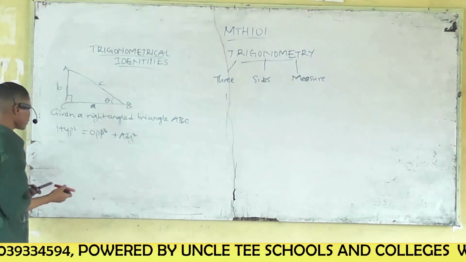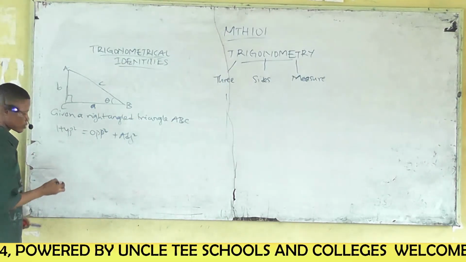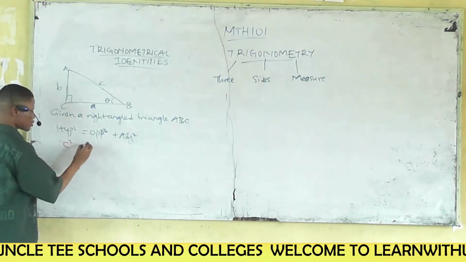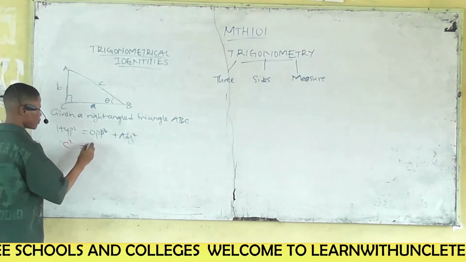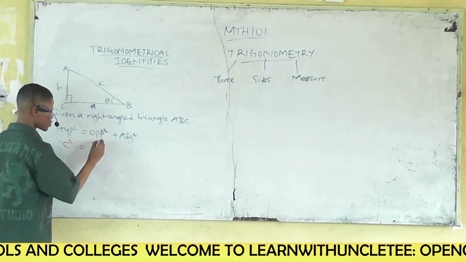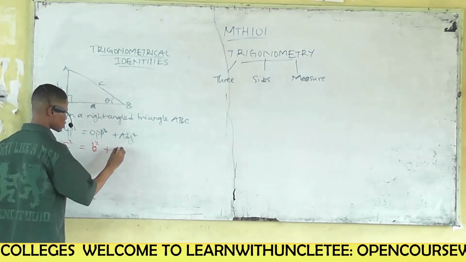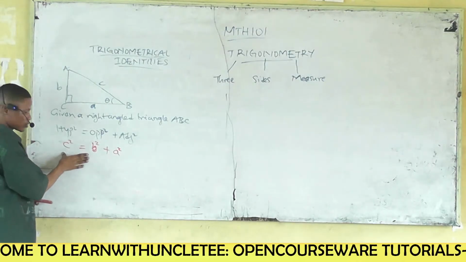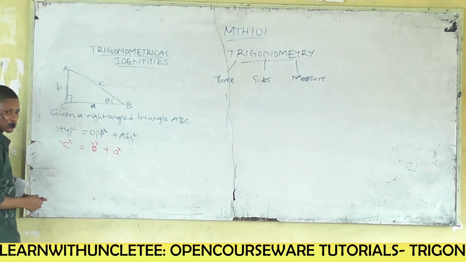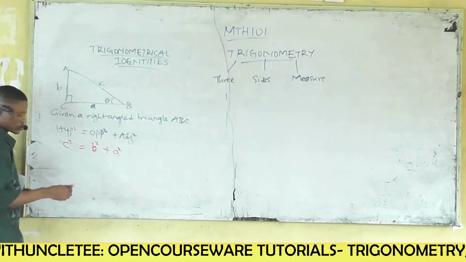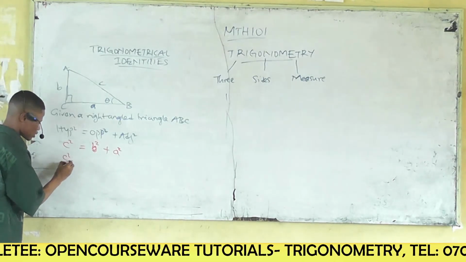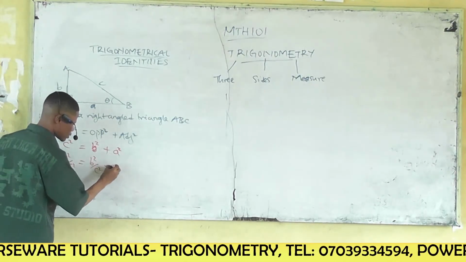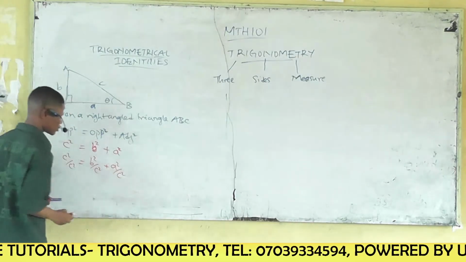Now, hypotenuse here is what? C. That's C square, right? Opposite is what? B. That's B square plus what? A square. Now, from here, divide all through by C square. What will you get? C square over C square equals B square over C square plus A square over C square.